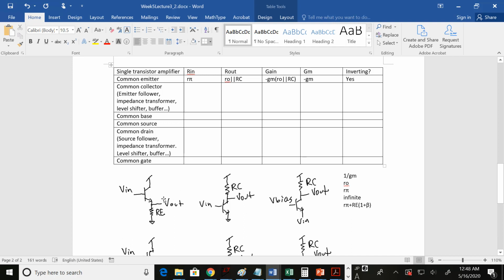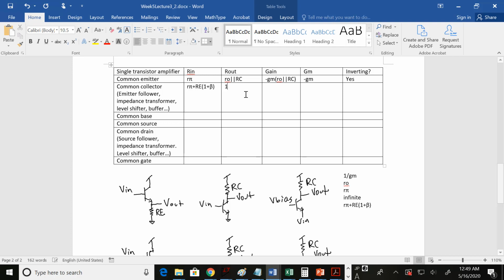Okay, for a common collector, your R in is this more complicated equation because there's a resistor below the emitter. You have this higher R in. To find R out, you find the output node and you ground the DC source, and you've got 1 over GM looking up because you hit the emitter, and RE.